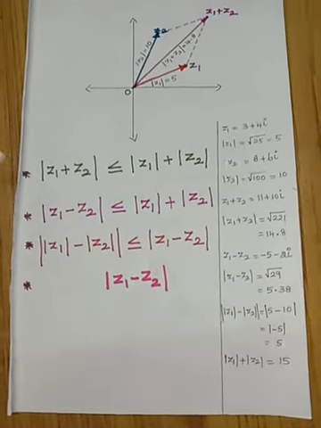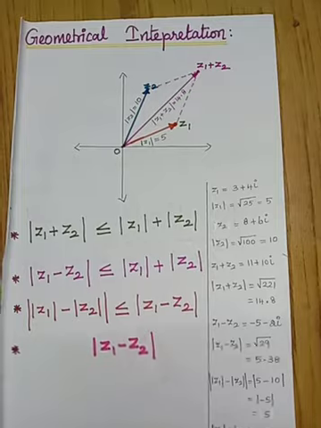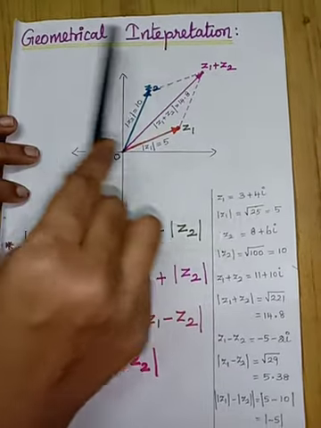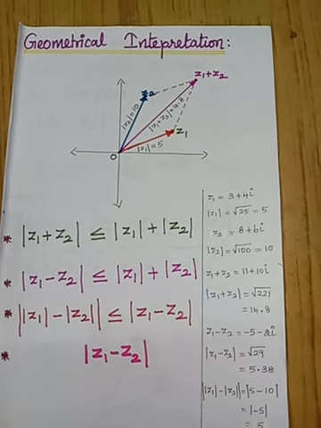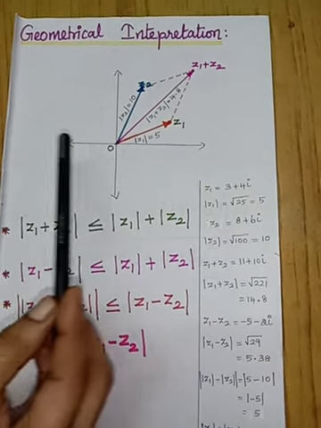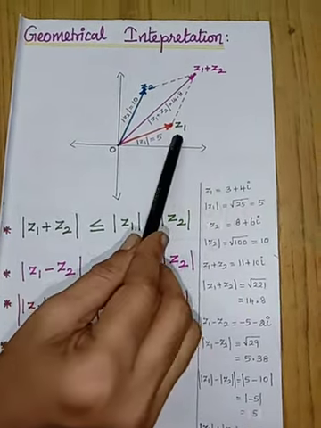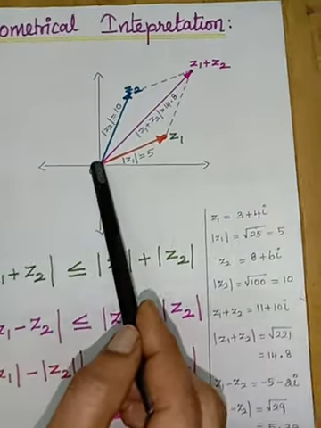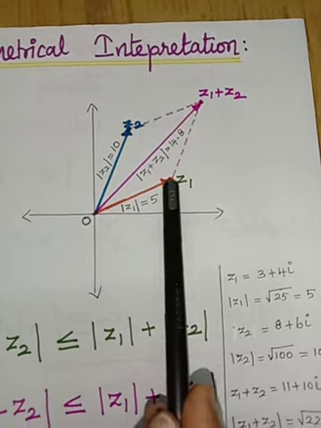So the next topic we are moving to is the geometrical interpretation of the triangle inequality. You see that here I have taken the first complex number z1. I have represented it using a position vector.